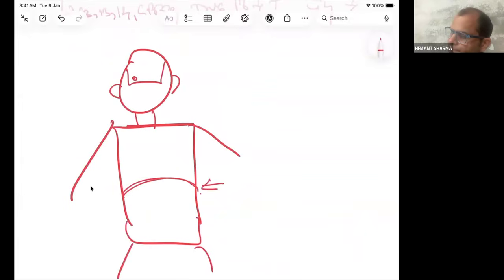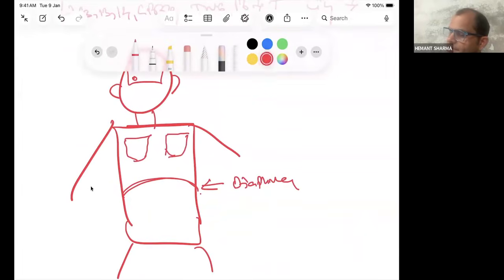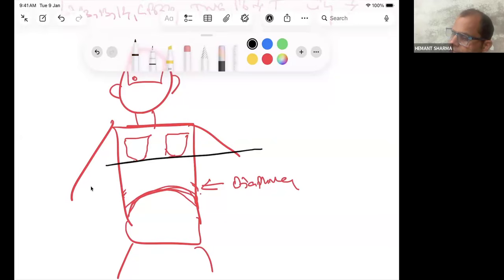So the diaphragm, and here we have scapula. यहां पर स्कैपुला है. So entire spine we can divide in 3 parts. Number 1, the part above the scapula.